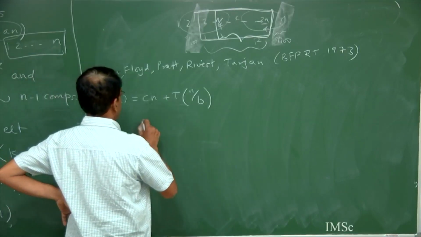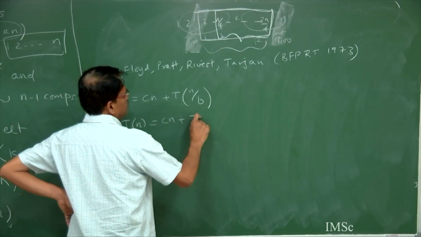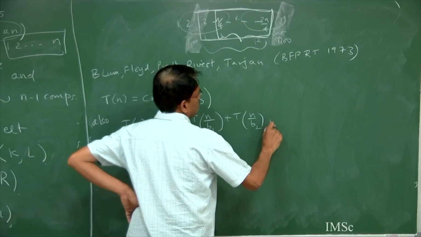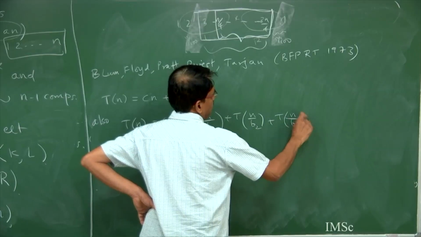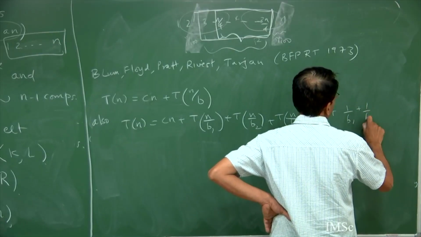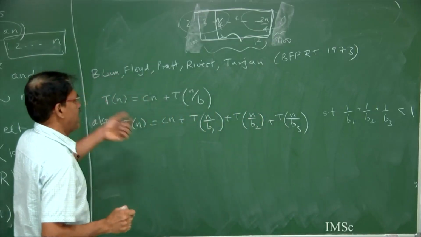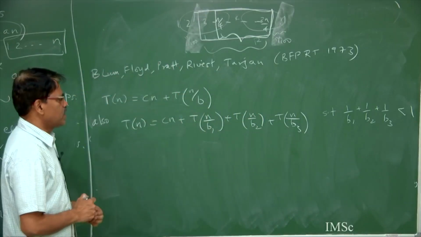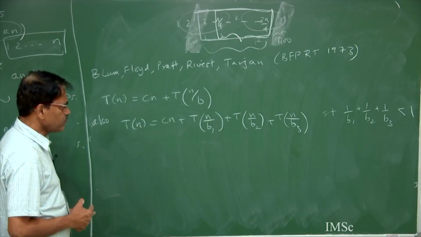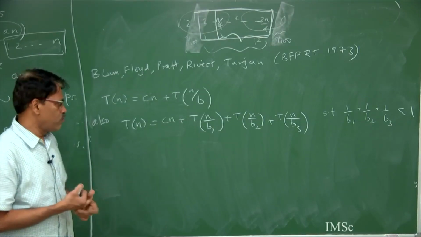But suppose I have Cn time plus T of n by b1 plus T of n by b2, let us say, such that 1 by b1 plus 1 by b2 plus 1 by b3 is strictly less than 1. All I cared was that this 1 by b must be strictly less than 1. Even then, this whole recurrence will solve to linear.